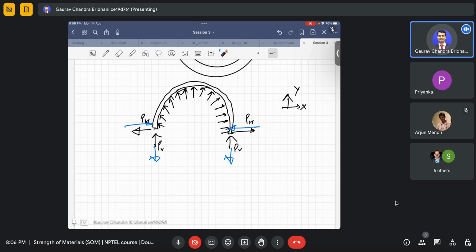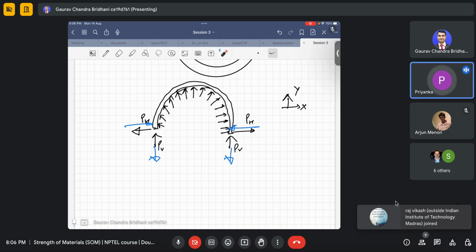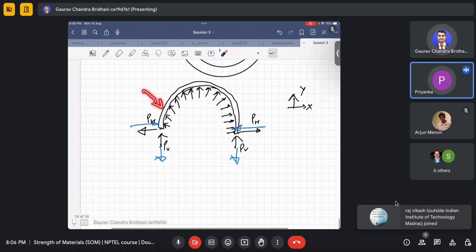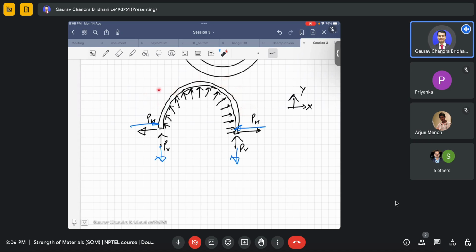If I draw the next half, this force will be in the other direction. It will be something like this. This is actually a distributed thing, I am drawing a resultant of it. Maybe next time I'll come up with a better explanation for this.